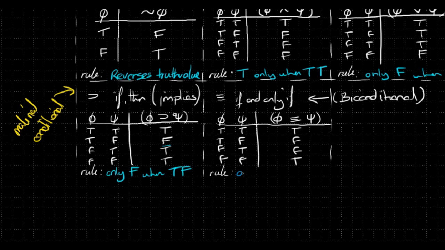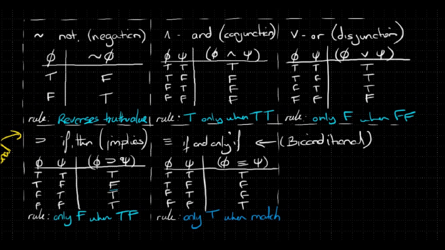So our rule for this can be only true when match. Okay, so only true when the constituent parts match up. So think of these as rules or just statements of the meanings of the symbols that we're going to be using in PL.